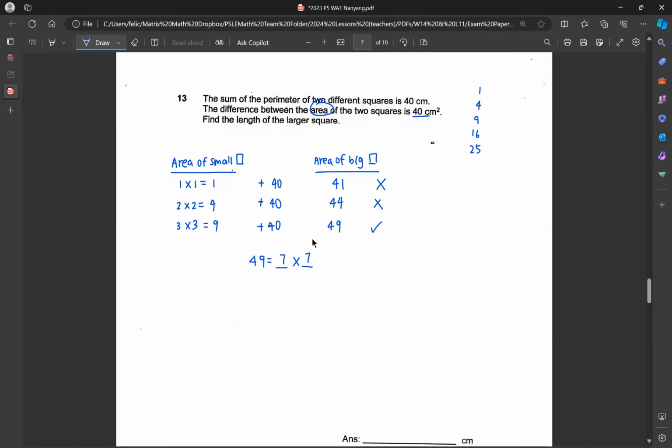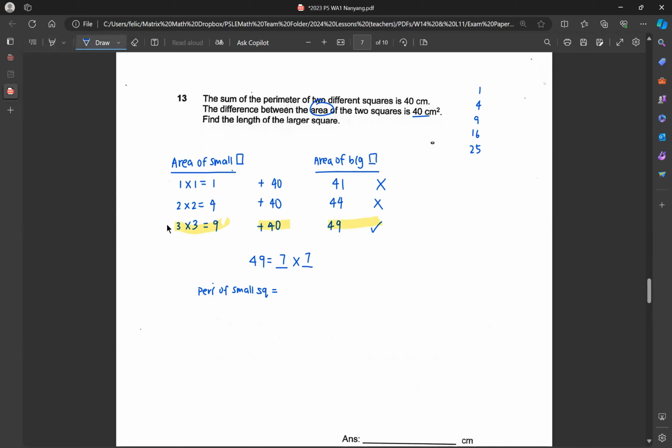Now with this, we can finally test out the perimeters. Perimeter of the small square first, let's do that. For the small square, assuming this result is the correct one, that means the side of the small square will be 3 cm.